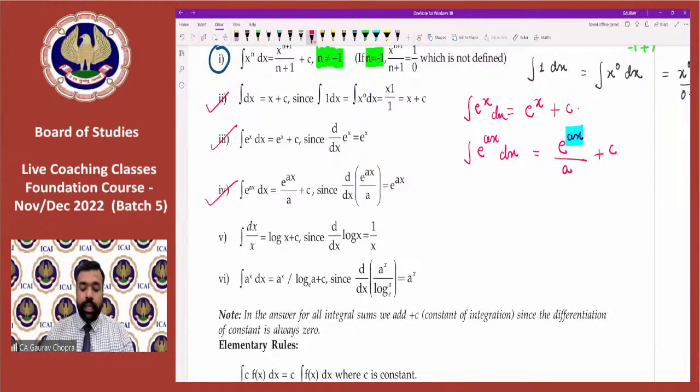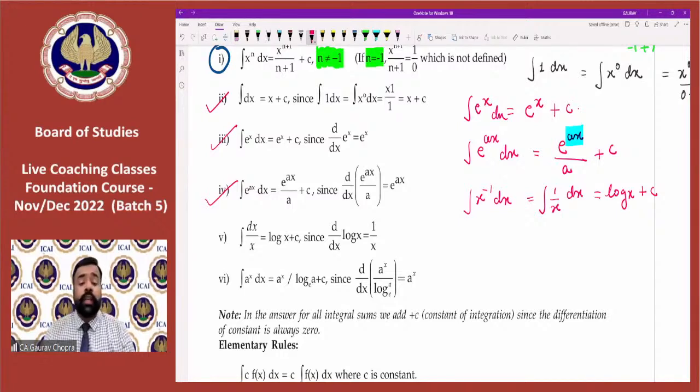Now coming to the next formula. So what will happen when we have to integrate x to the power of minus 1? There will be a different formula for this. So this can also be written as 1 upon x dx. Now what is the integration of 1 by x? It is simply log of x plus c.